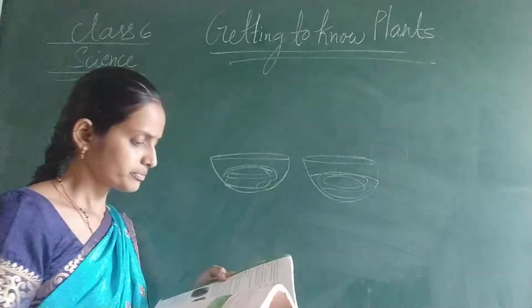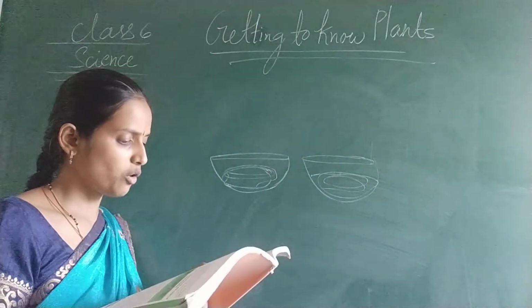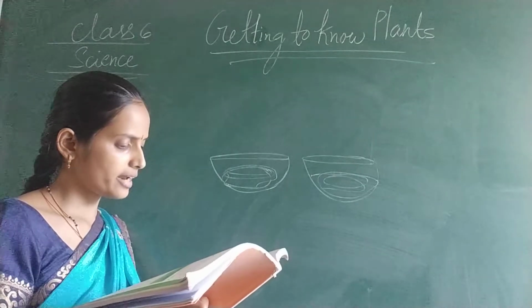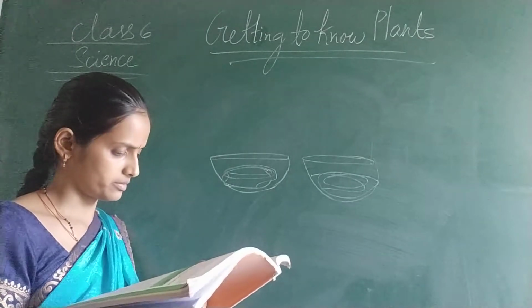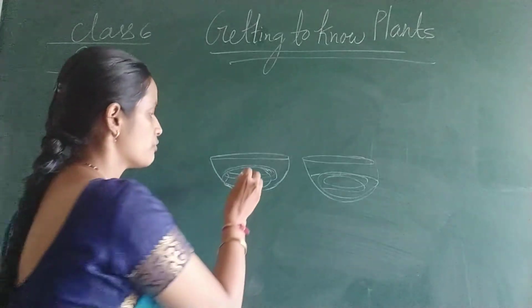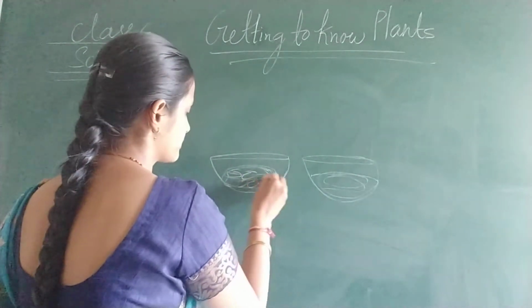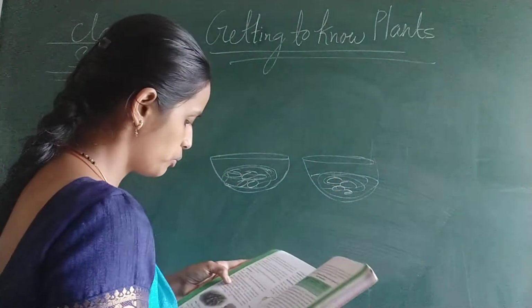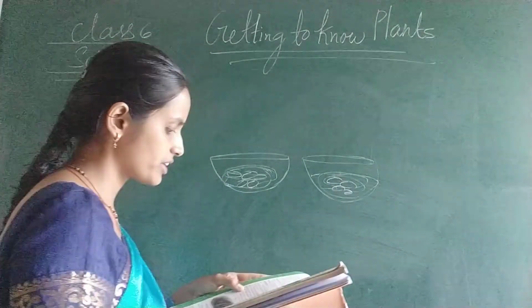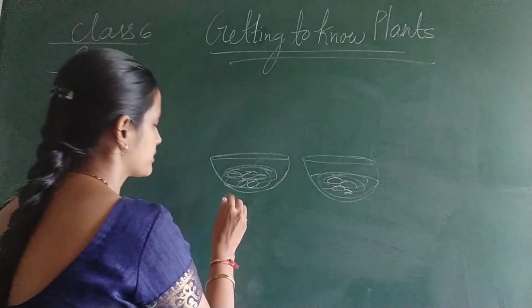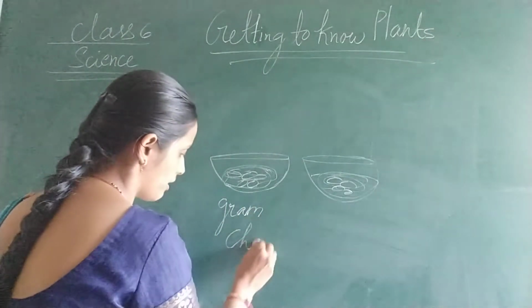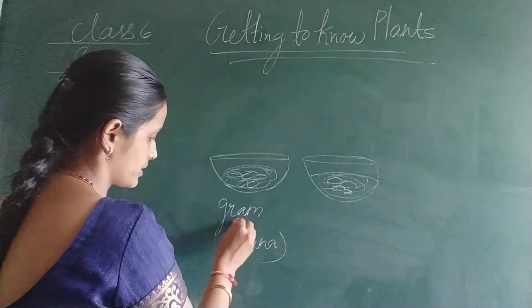Then put 3 or 4 seeds of gram in one and maize in another. In one part we are taking the gram seed or the chana, right?